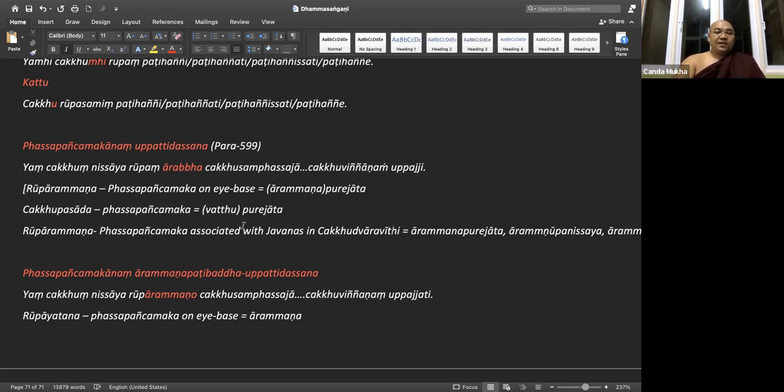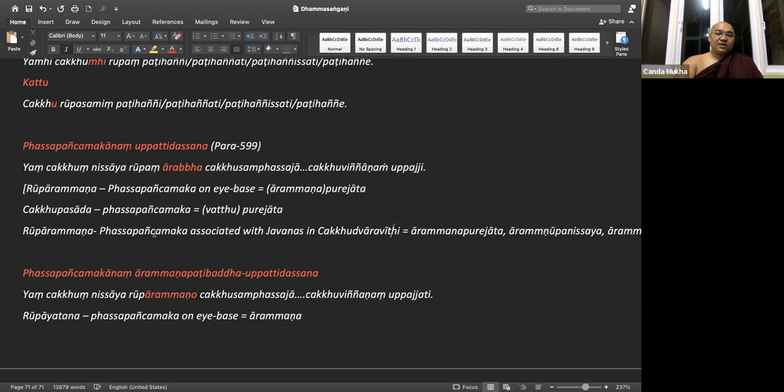That is for the case of the eye base. But in the case of the Cakkhudvara Vithi, associated with the Javana, the Phassa-pancamaka dhammas associated with the Javanas in the eye-door thought process, the Rupa-arammana, the visible object, is the cause.